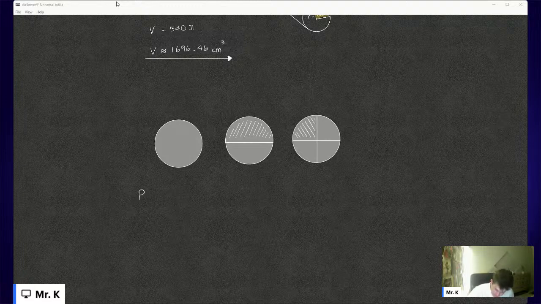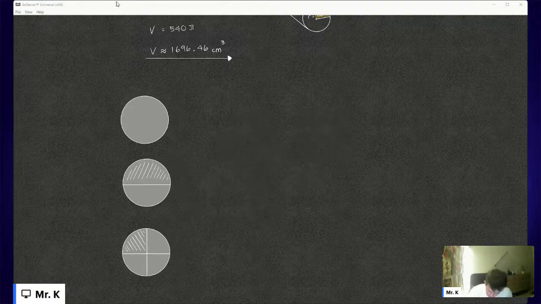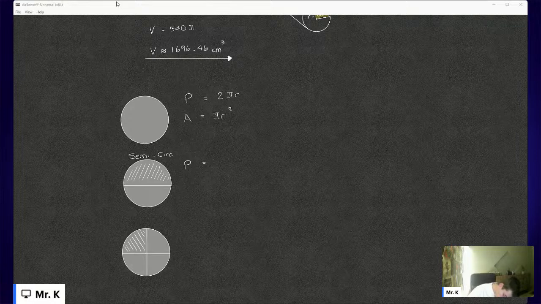The perimeter of a full circle is always going to be 2 pi r, and the area of a full circle is always going to be pi r squared. The perimeter of a semicircle is slightly more unique.